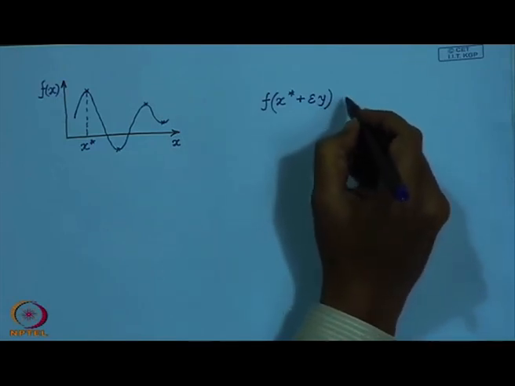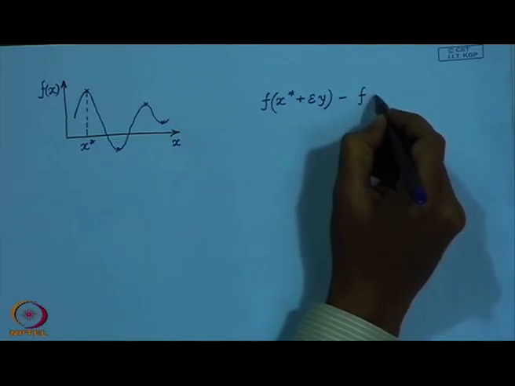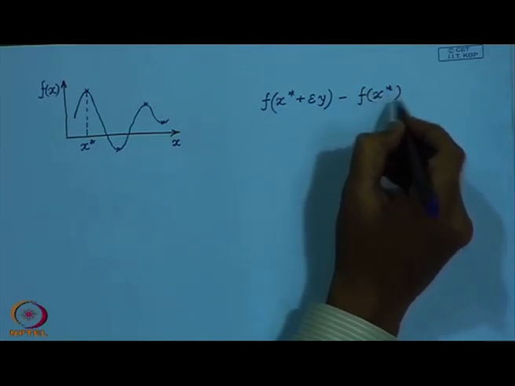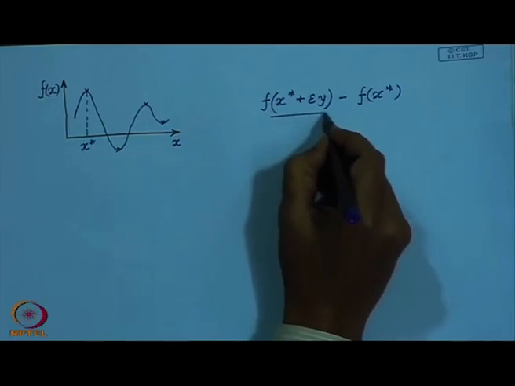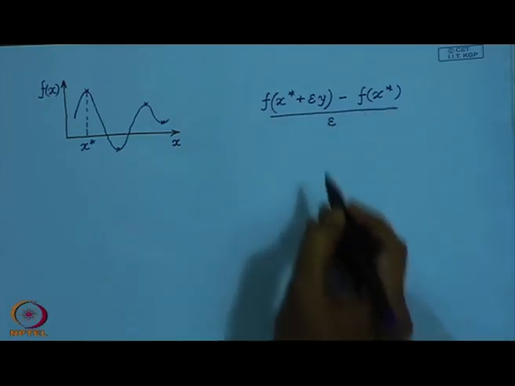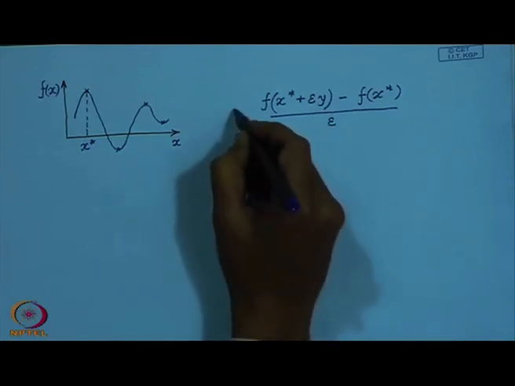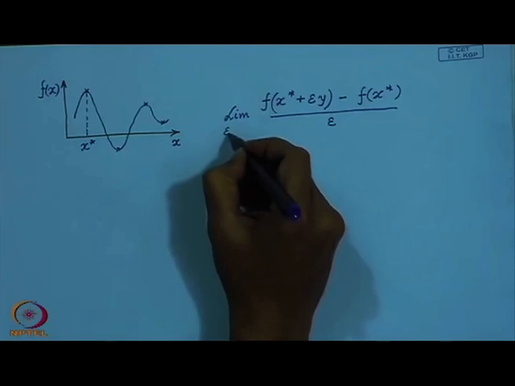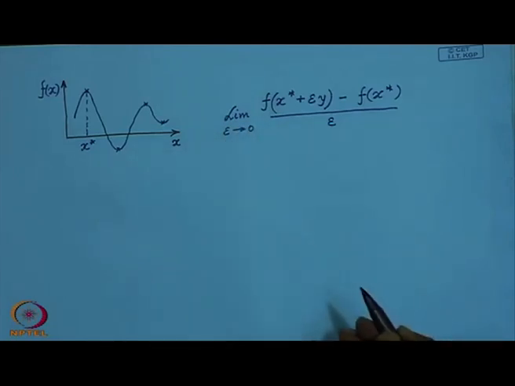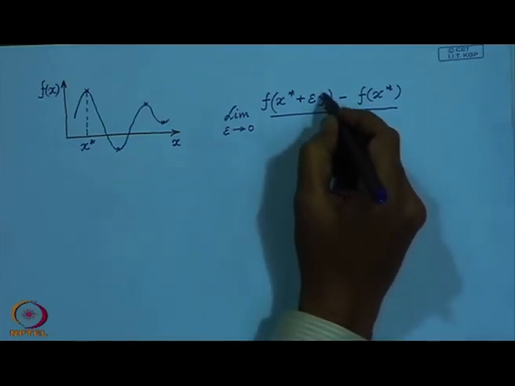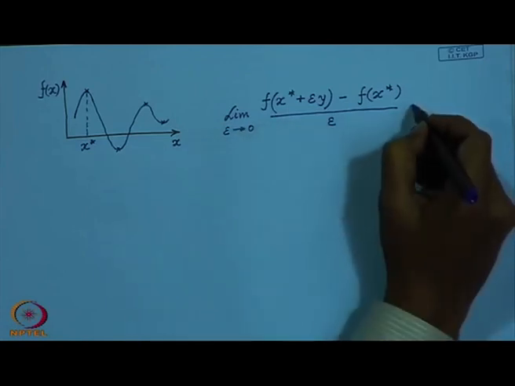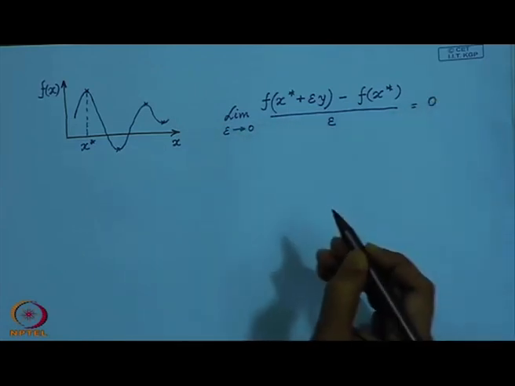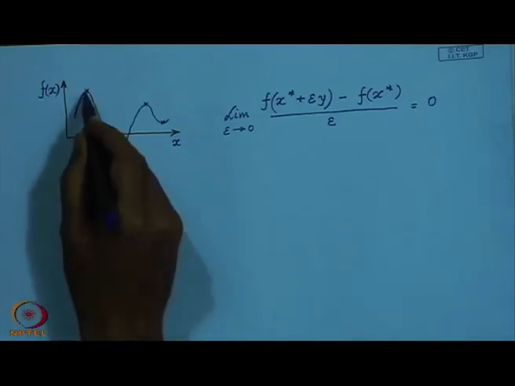Now, if I compare, take this difference divided by the epsilon and take the limit epsilon tends to 0 for arbitrary perturbations y, and if this turns out to be 0, then we say we have found an extremum.